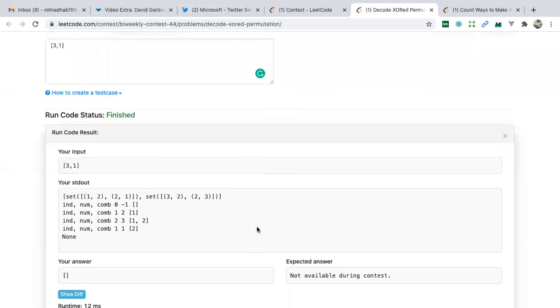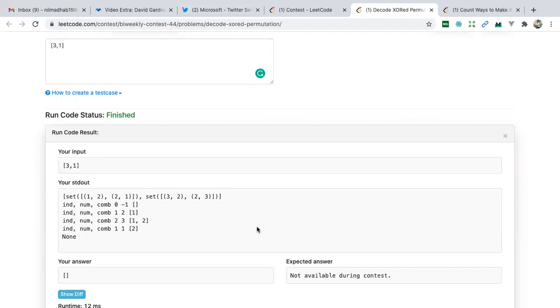So first we have index 0, -1, and this. And we try with the first one. So we have 1, 2, and 1. And then when we have 2, 3.